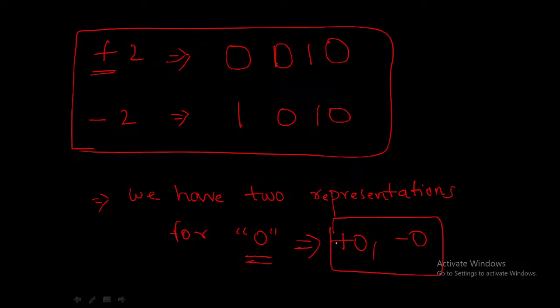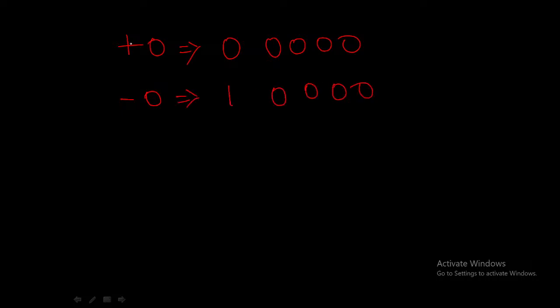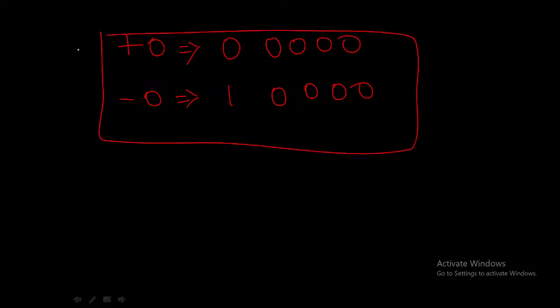But is it valid? We have plus 2 or minus 2, plus 3 or minus 3, plus 100 or minus 100. But do we have plus 0 or minus 0? No. But in sign magnitude representation we can have two representations. For plus 0 you write 0 followed by all zeros, and for minus 0 you write 1 followed by all zeros.